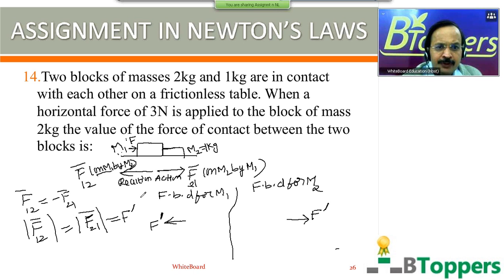This F is the horizontal force. Let F denote the magnitude of the horizontal force applied on the first block of mass M1 equal to 2 kg, which should be shown in the free body diagram for M1. In the vertical direction, the weight of each block acts downwards.